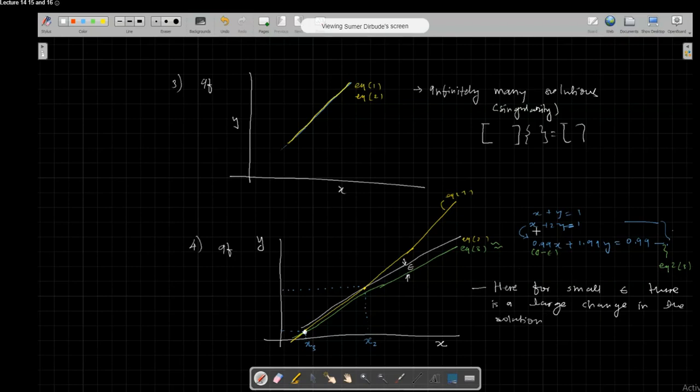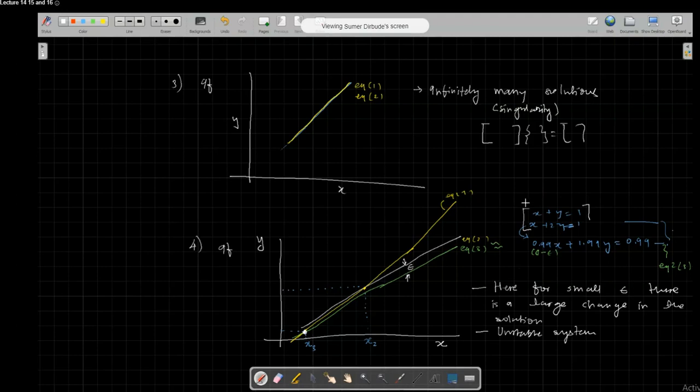Although these two equations look very similar, because of the small epsilon your solution may change, and such a system is highly ill-conditioned. If you make a small change in this representation and you get large changes in the solution, this is an unstable system. This will only happen when the system is unstable.